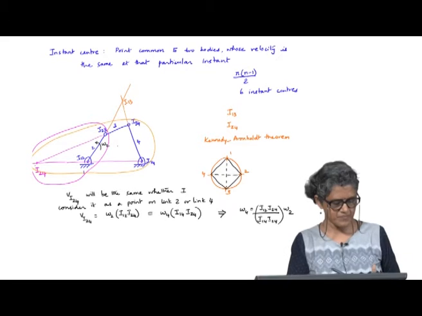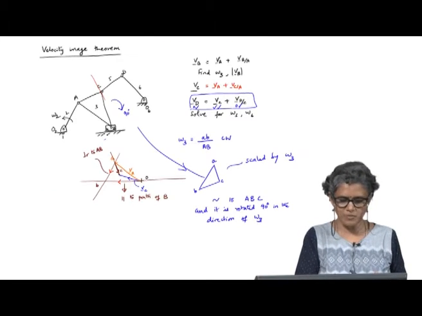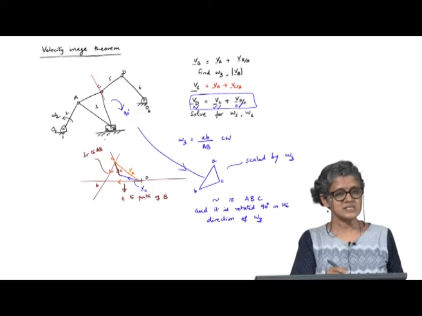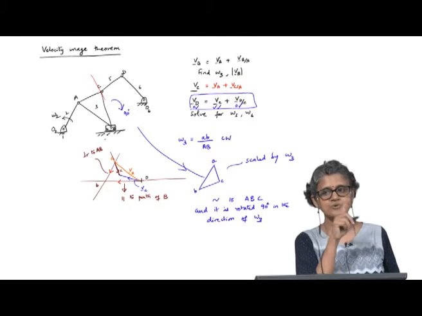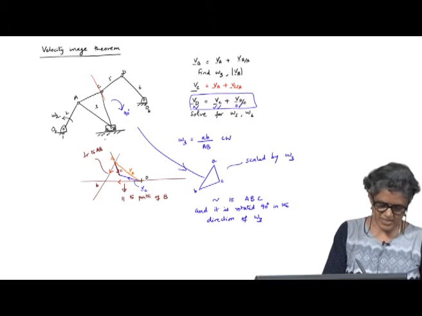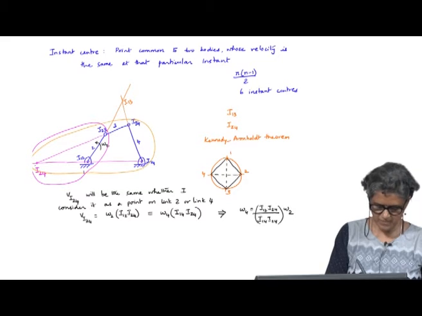we look at the next, the 6 bar mechanism that we saw earlier, if you want to find omega 6 here, you can find that by finding the instant center that relates 2 and 6, I26. Okay. So, let us do that, let me do another example quickly.